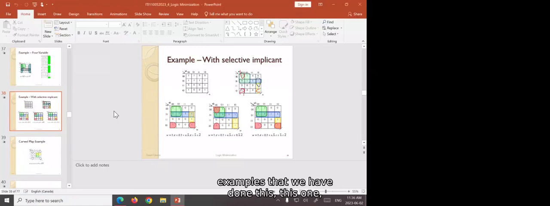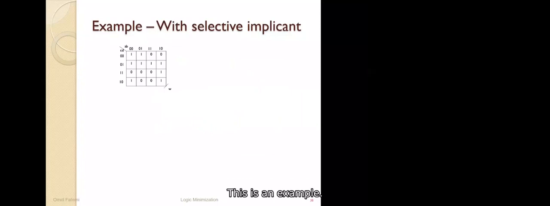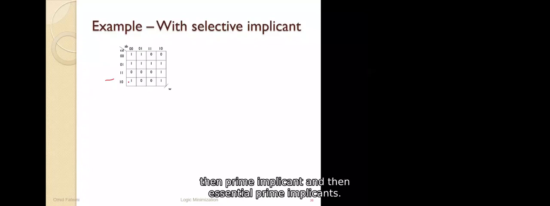The last example that we have done is this one. Let me bring it again because you had some questions about it. So this is an example. How many ones do we have here? 1, 2, 3, 4, 5, 6, 7, 8, 9 ones. So we have 9 cells with 1 that we would like to group together and then find the implicant, and then prime implicant, and then essential prime implicant.